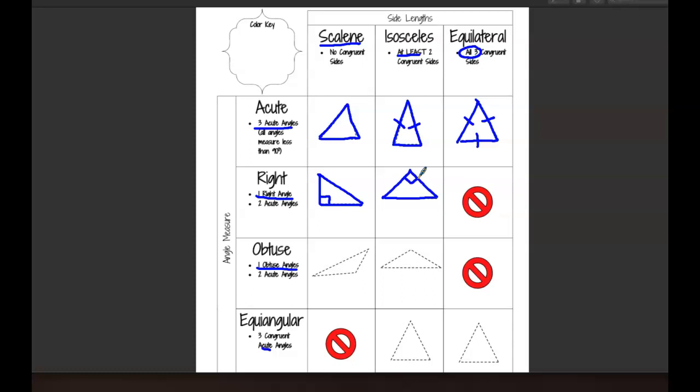So let's draw that in. And then these two sides are congruent to each other, so it is an isosceles right triangle. You cannot have a right triangle and have an equilateral triangle. It is not possible. So that is why they have that red symbol.